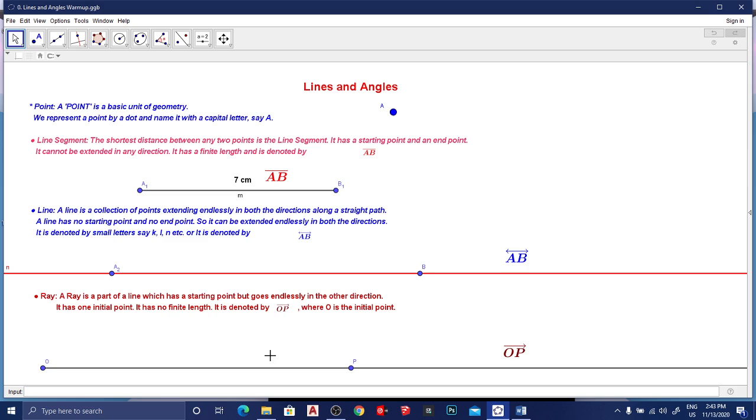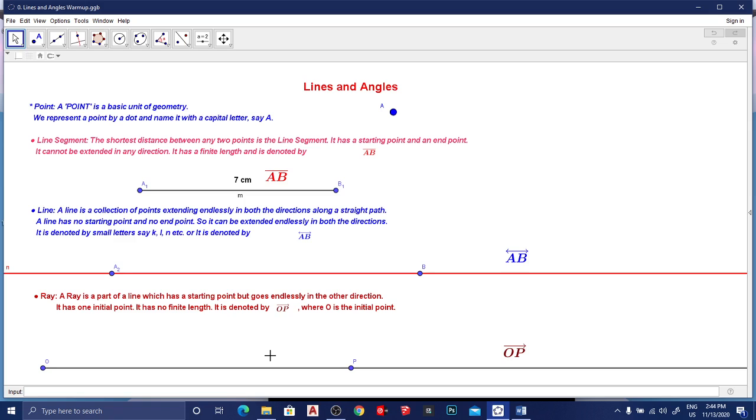In this chapter, you are going to learn the basic definitions of basic geometrical figures such as point, line segment, line, ray, and angles and different types of angles. You are going to learn these in the next session and this session also.